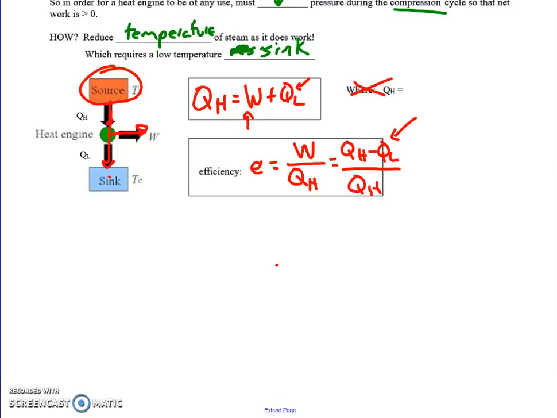You must rely on heat flow. In order to rely on heat flow, you must have something hot, your source, in contact with something cold. And so the colder part's going to get warmer. So if you look at this term here, you notice that the numerator is always going to be less than your denominator. In other words, our efficiency must always be less than 100%.